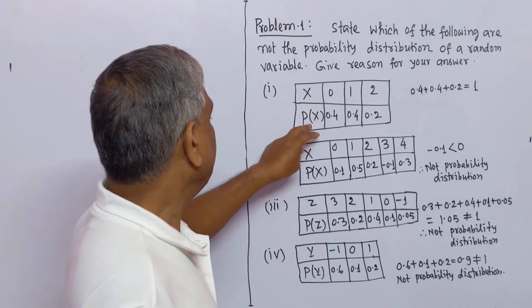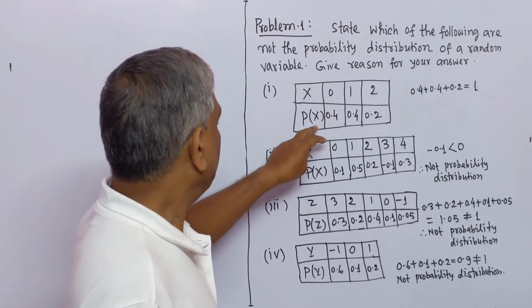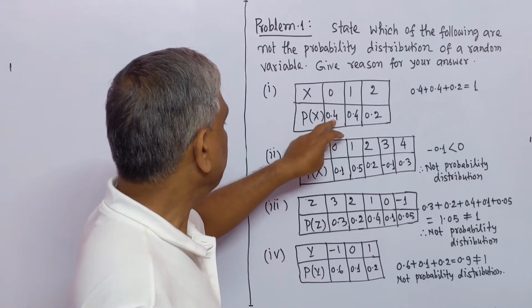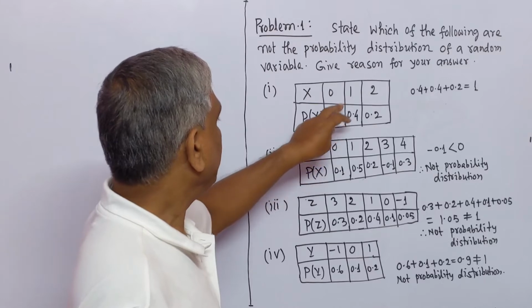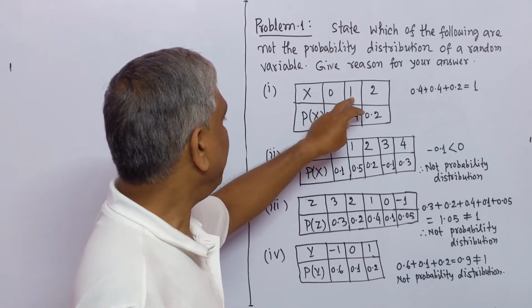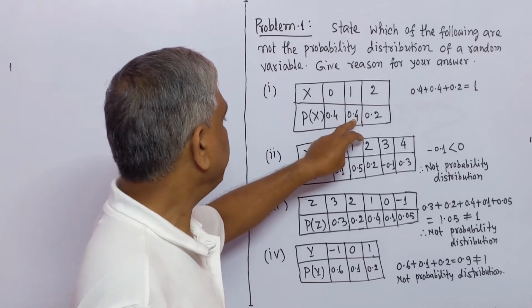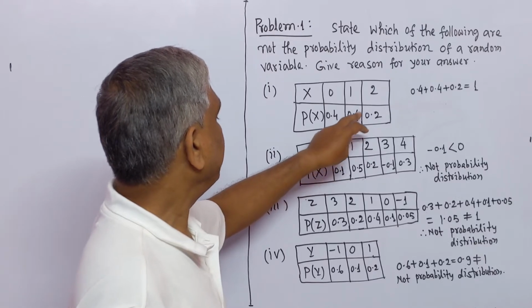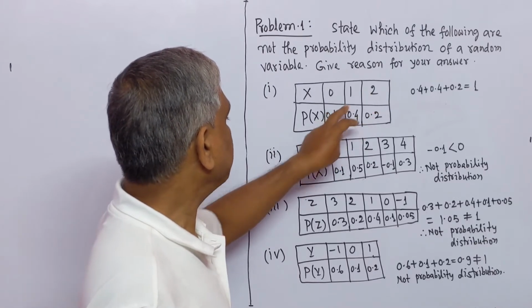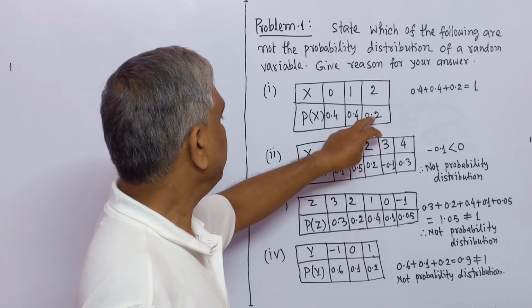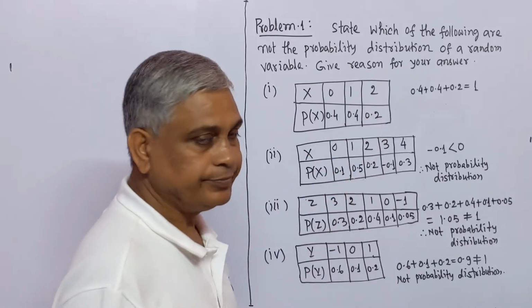Here probability for X equal to 0 equals 0.4, probability for X equal to 1 is 0.4, and probability for X equal to 2 is 0.2.